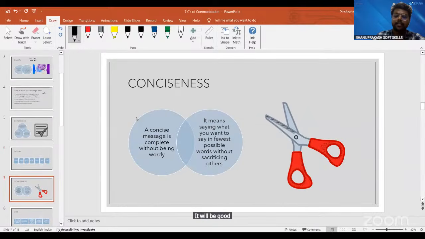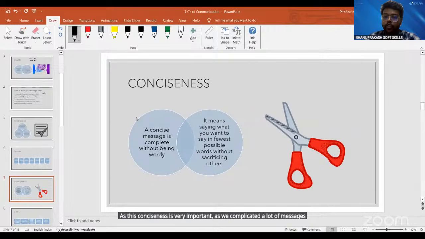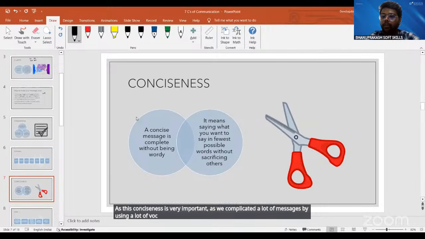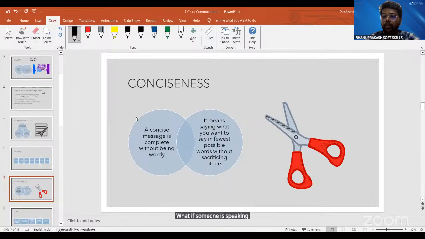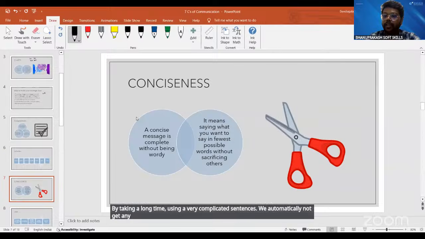Next, conciseness. Conciseness is very important, as we complicate a lot of messages by using a lot of vocabulary, a lot of sentences. What if someone speaks with you for a long time using very complicated sentences? We automatically lose interest in listening to them.